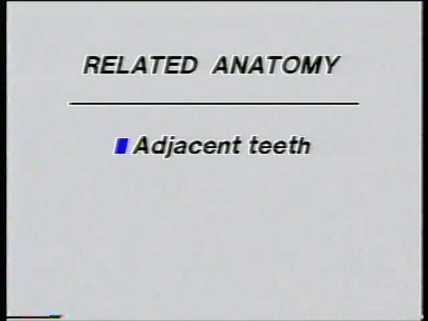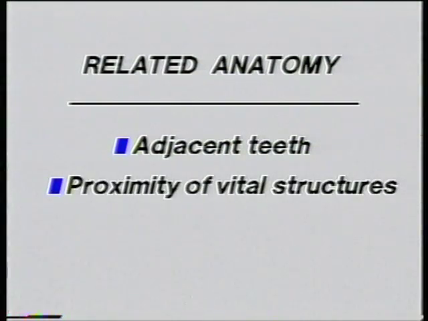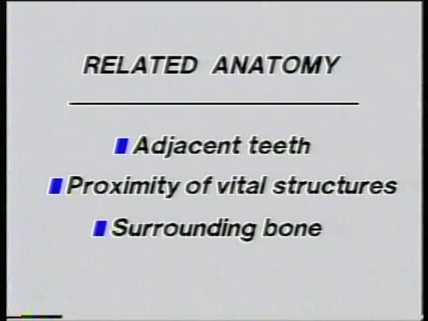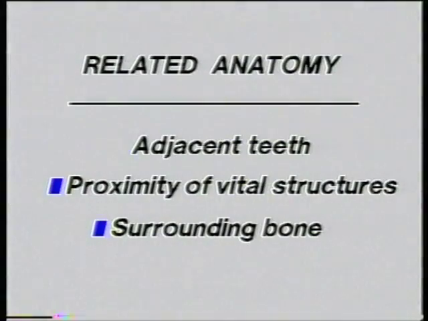The structures under consideration are the adjacent teeth, any vital structures in close proximity to the third molar, and the bone surrounding them. You also need to make an assessment of any pathology occurring in relation to any of these structures. Let's look at the adjacent teeth first.